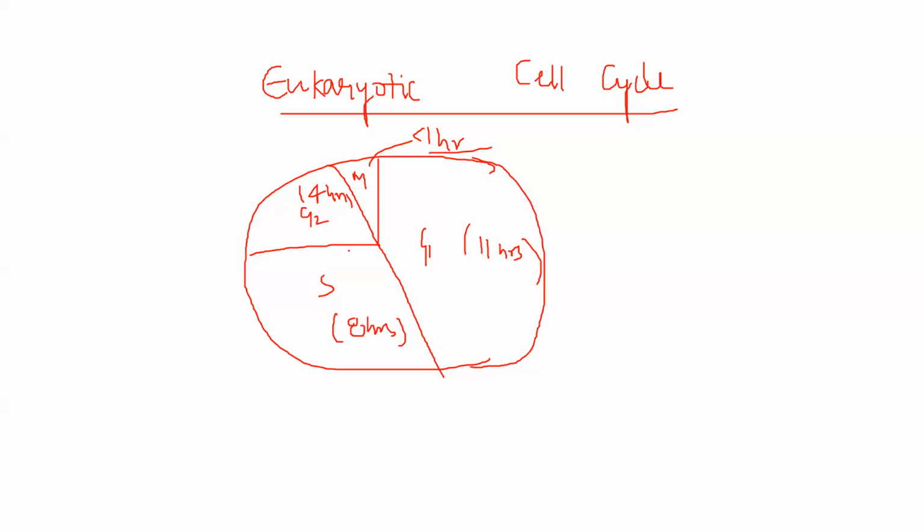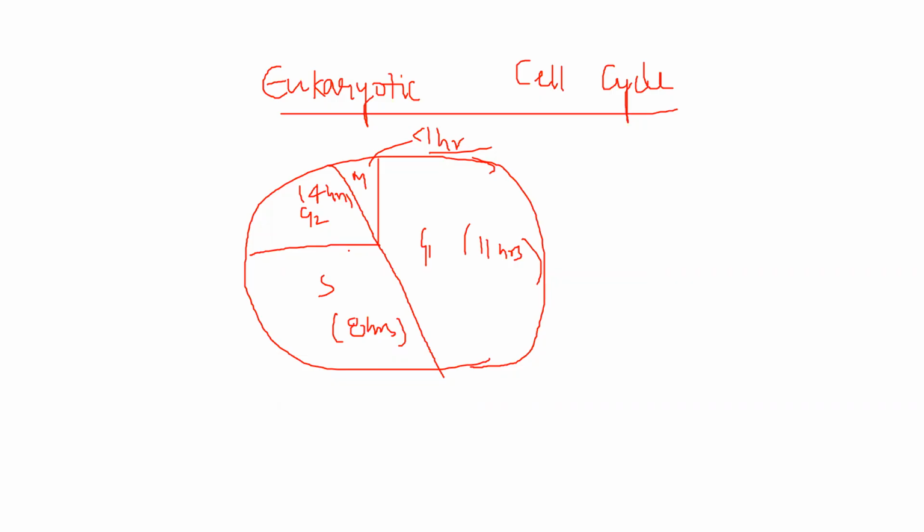Now, before discussing more about these phases, have you heard about checkpoints? Between G1 and S, and G2 and M. Firstly, we will discuss what checkpoints are. Checkpoints verify that the work done in G1 is correctly synthesized in the cell before proceeding to the next phase.